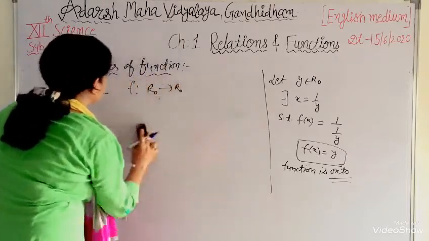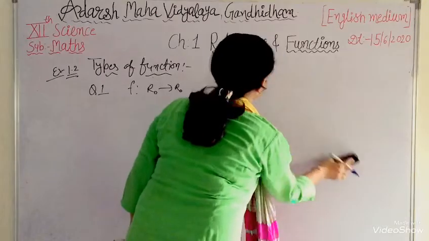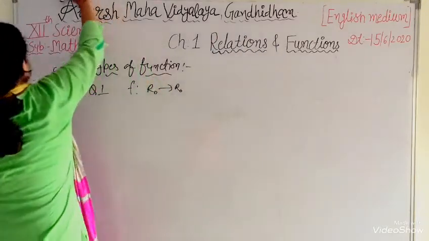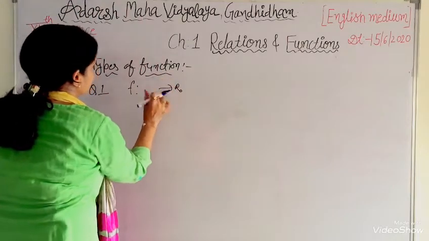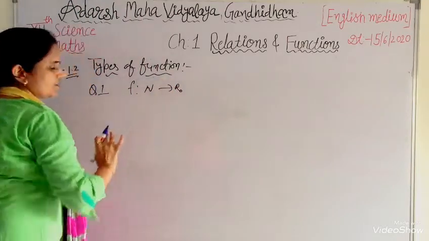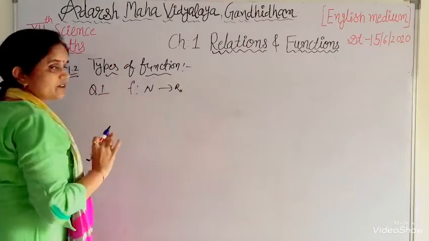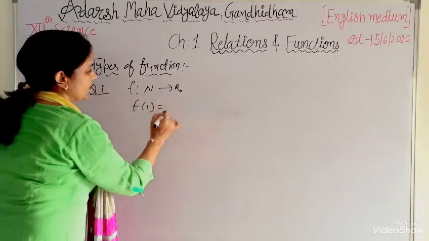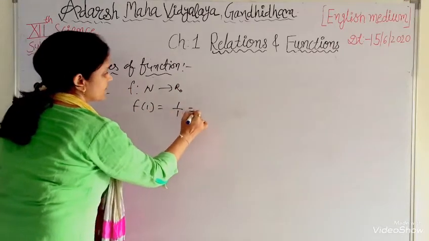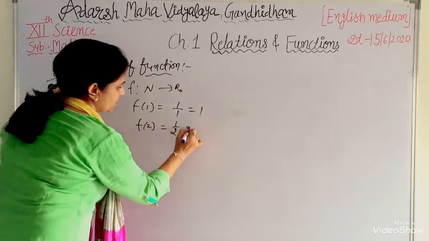If domain is changed, replaced by N, domain is R0, students. So here in place of R0 it's N. Now N is the set of natural numbers, students. So if you are finding the image of 1, you will get 1 by 1 is 1. Image of 2, 1 upon 2.